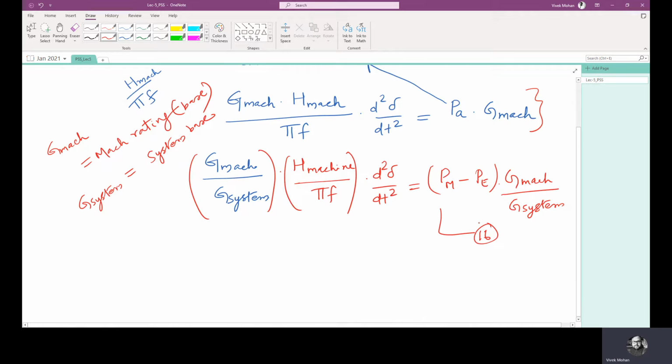In the previous lecture, the last equation was equation 15, which was the swing equation for a single machine connected to an infinite bus. Now let this part, G machine into H machine by G system, be H system.